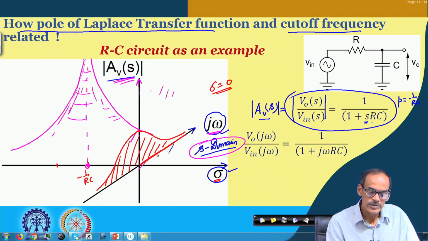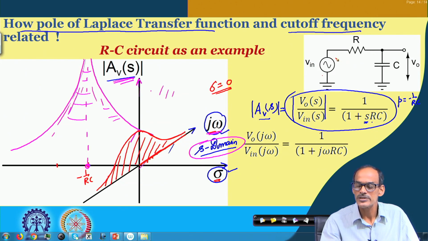If we move along this line, each point represents one frequency component corresponding to the omega we have. The surface profile here represents how much gain or attenuation the input signal experiences through this circuit, based on its frequency.